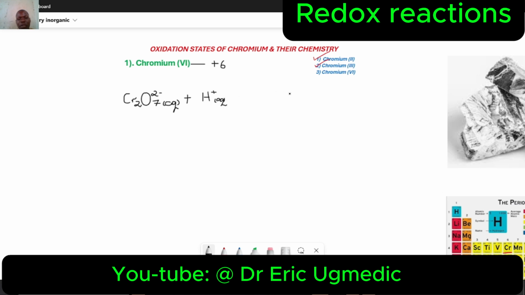And it will be reduced to the +3 oxidation state, which is the most stable state for chromium. And what else shall we form? We shall form water. So we shall have water as well formed.